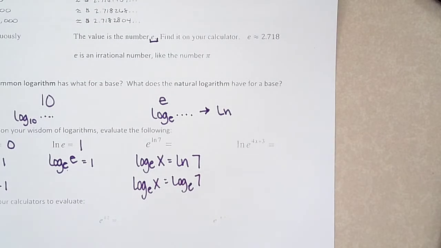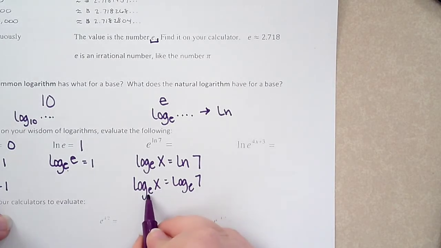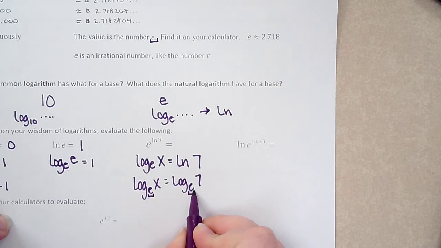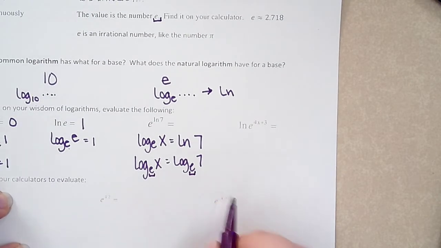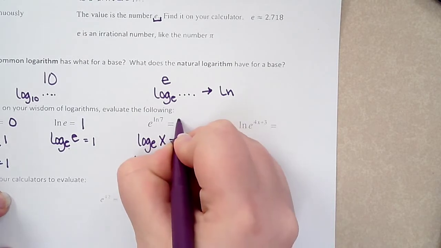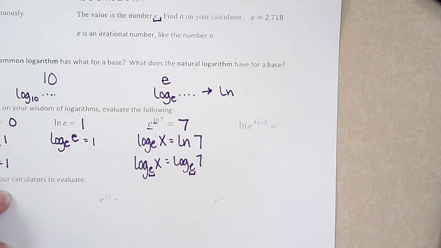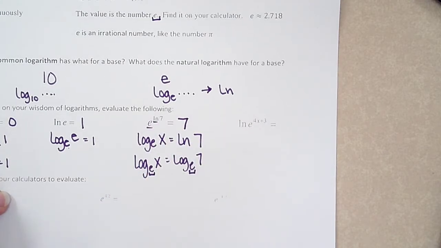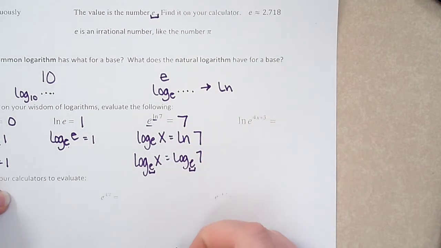Well, if we're familiar with our log properties, we remember that when they have the same base, whatever is in their parentheses must be equal. So in this case, we know that x must equal 7. And just like I said before, e and ln, since they're opposites, cancel out. So the e cancels out the ln cancels out the e, and we're just left with 7.